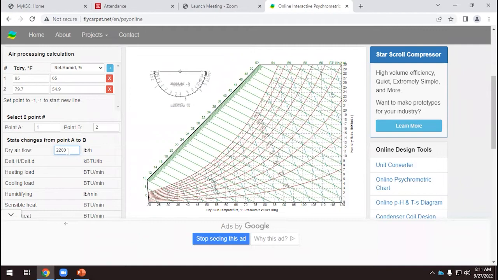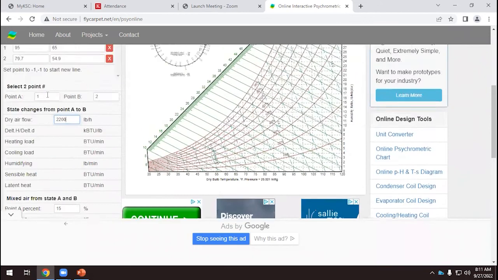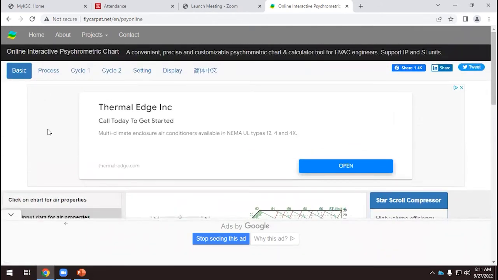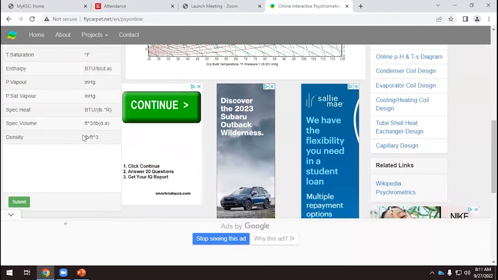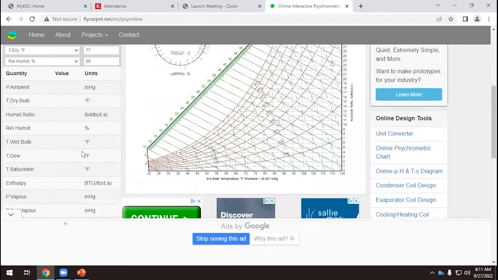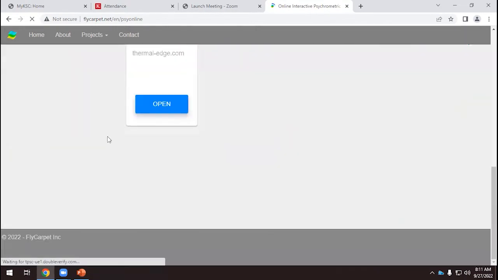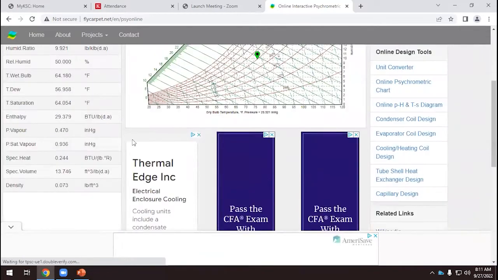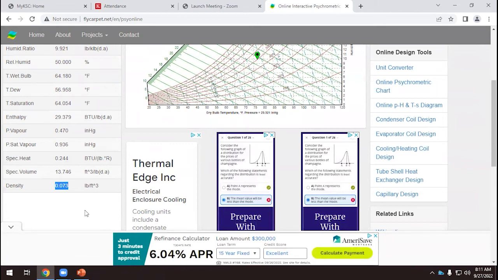So the air density, if we are in basic units, we have here the air density in pounds per cubic feet. We just have to type here something and submit. The air density depends on the conditions, but it should be close to 0.073 pounds per cubic feet.